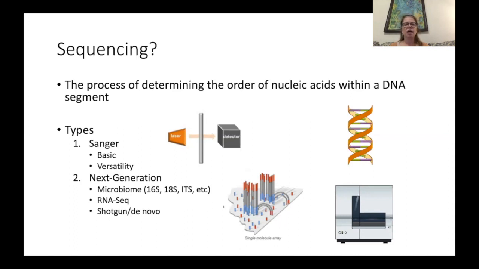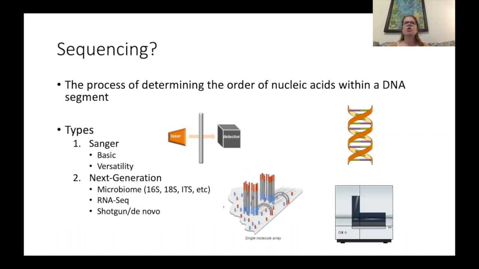There are lots of different applications for next gen sequencing. I think the two most important, or the ones that we hear about a lot nowadays, are looking for the entirety of the DNA sequences within a complex sample.